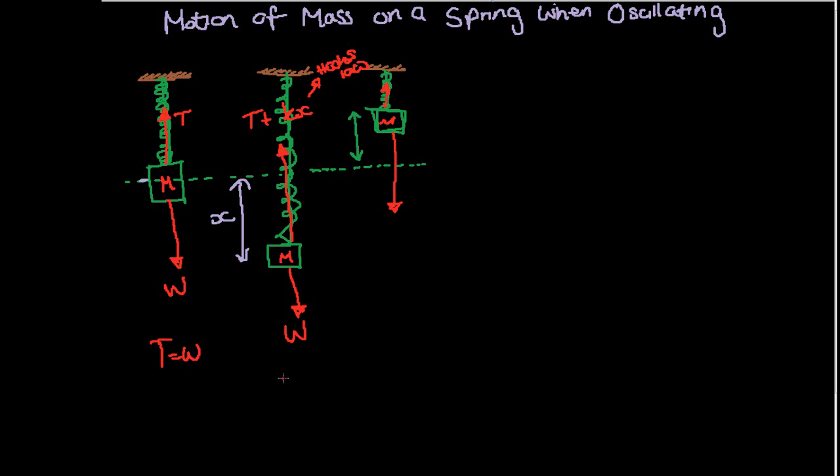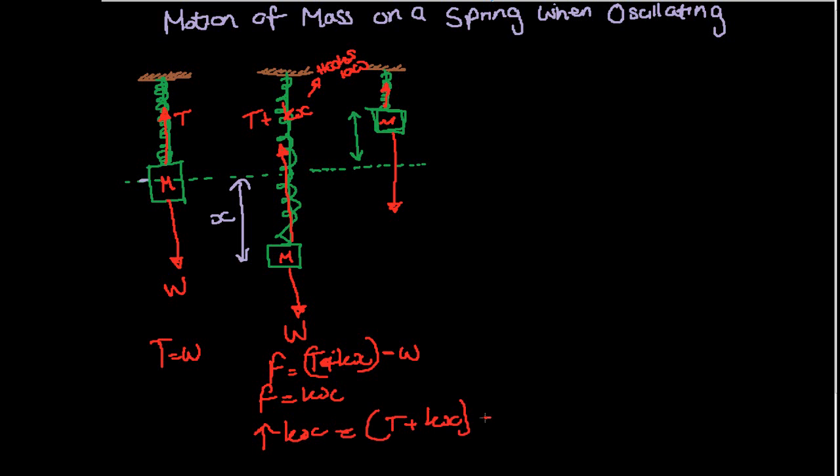So the resultant force is going to be T plus kx minus w. Since the resultant force F upwards is going to equal T plus kx minus w, this is the equation for the spring when it's been pulled down by the mass.